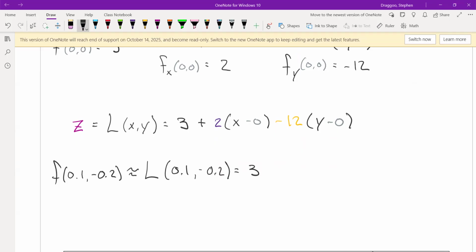Which is going to be 3 plus 2 times 0.1 minus 12 times -0.2. And then I can evaluate that. Let's start with 12 times 0.2. It'll become positive. I think that's 2.4. Plus 0.2 is 2.6. Plus 3 is going to be 5.6.